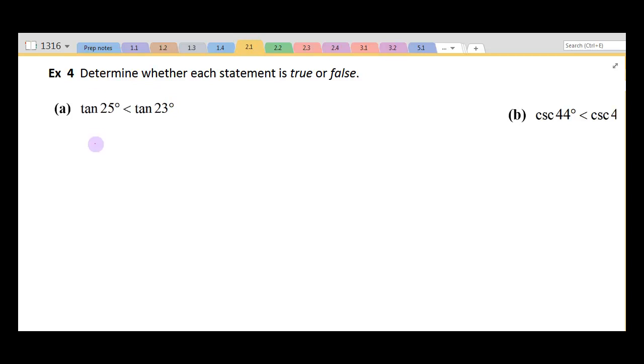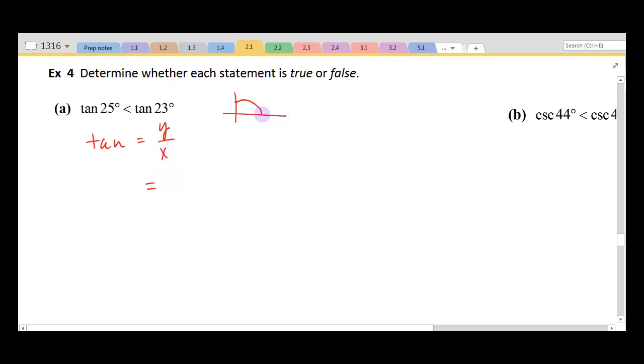Well, we want to start by going back to the ratio for tangent. Tangent would be y over x, right? And as my angle is increasing, we want to determine what's happening to the y values and what's happening to the x values. You can go back and picture those series of triangles that we were looking at.